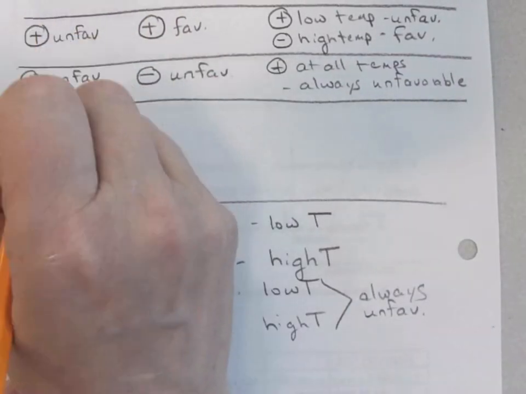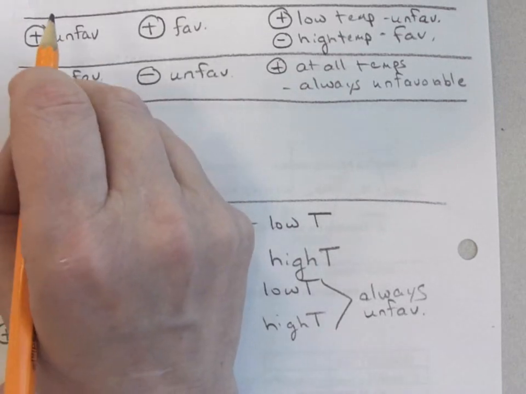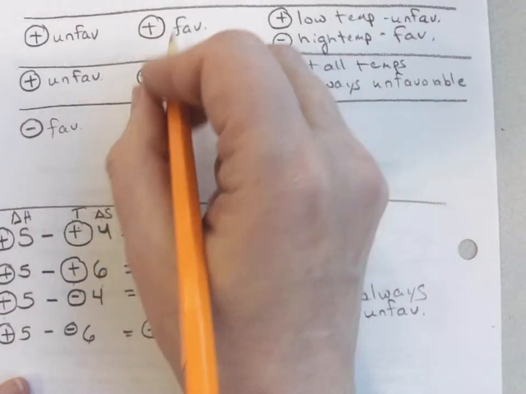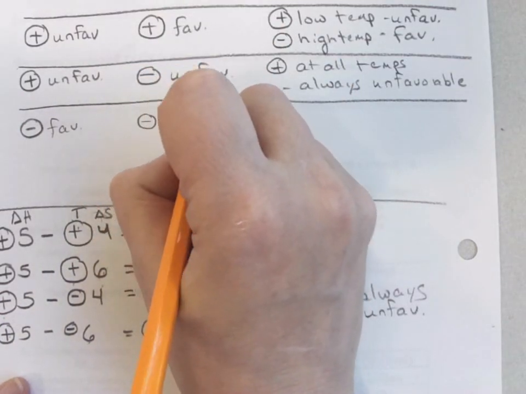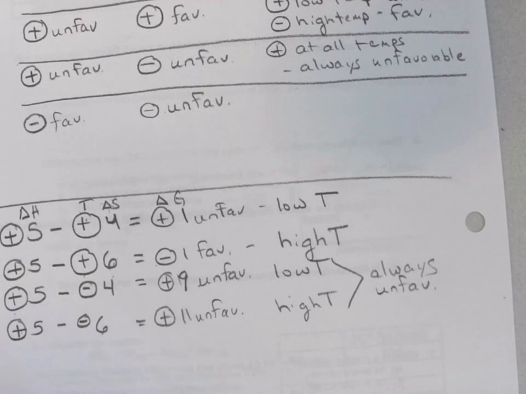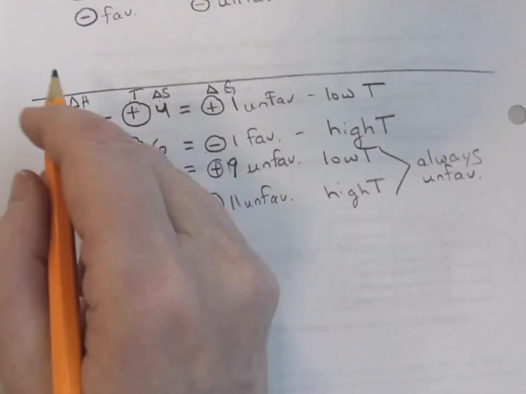So negative delta H, which is favorable, and a negative delta S, which is unfavorable. Any guesses? Will this be favorable or unfavorable or situational? It's going to be situational. So let's take a look.